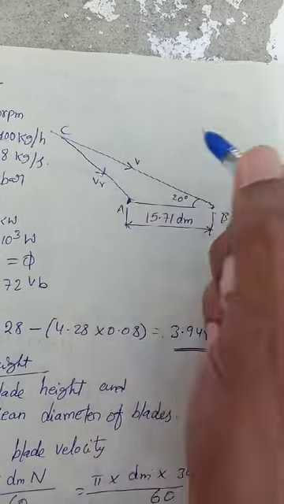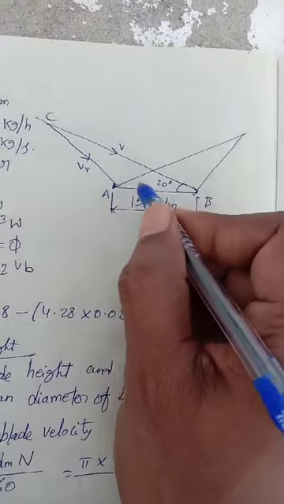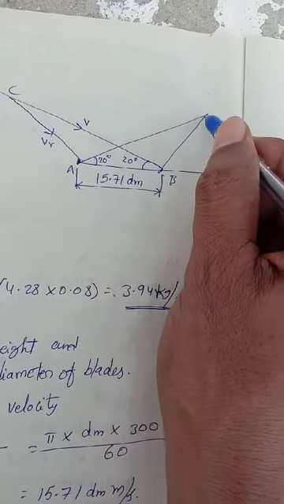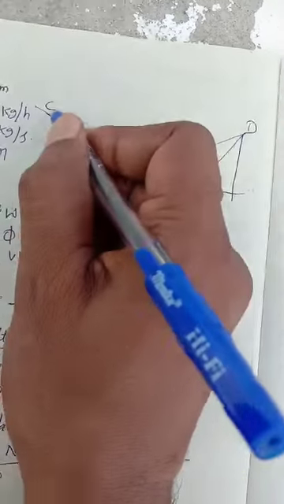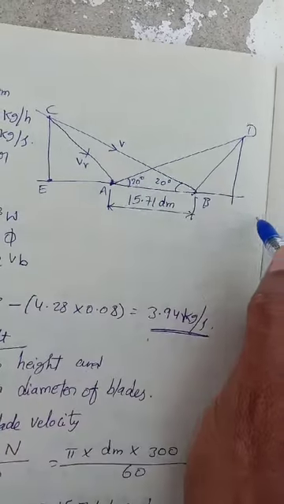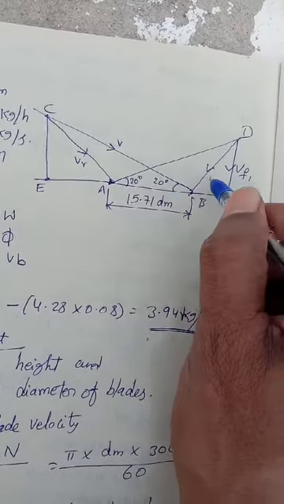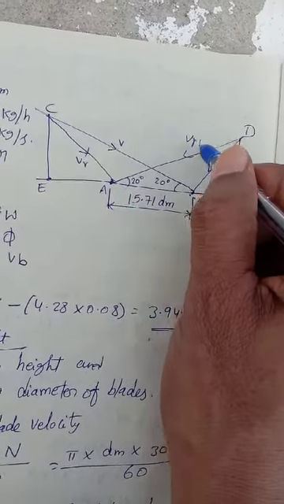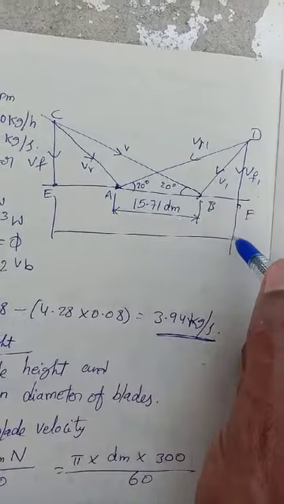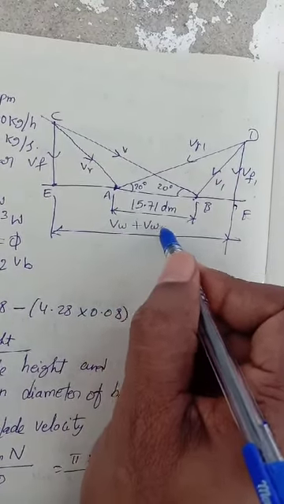The diagram has VR, V, the 20 degree angle, and VW plus VW1.